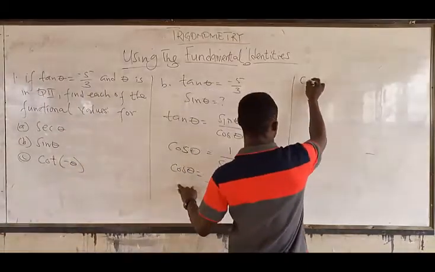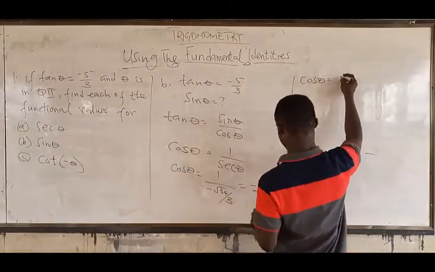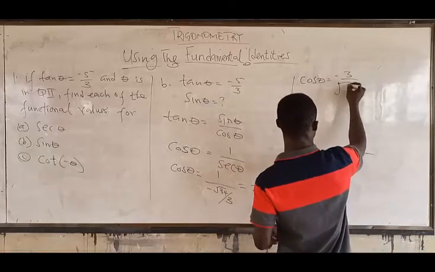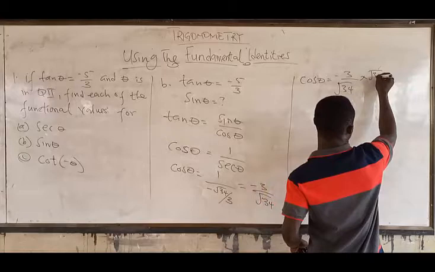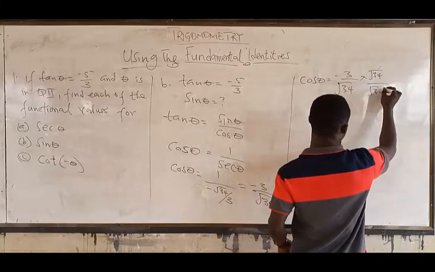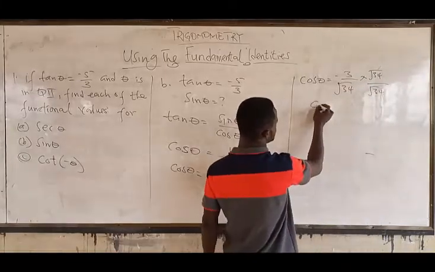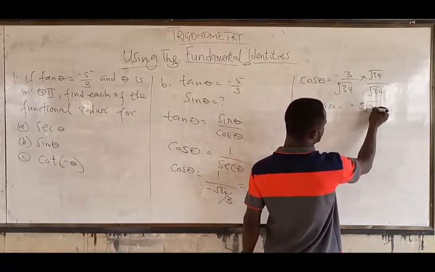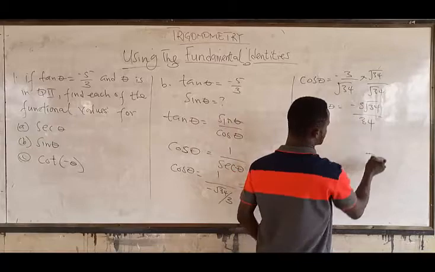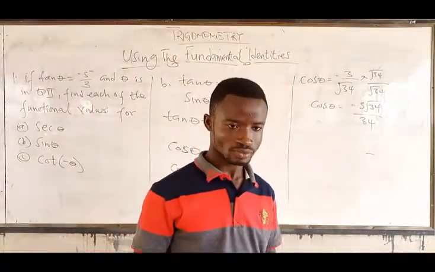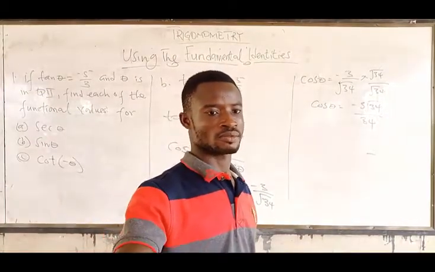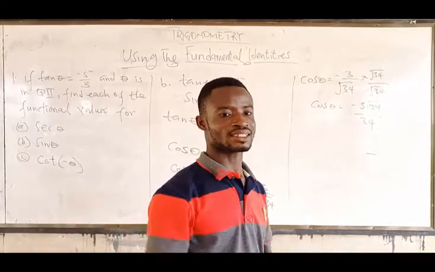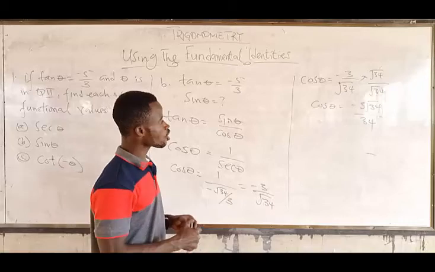But cos theta will be equal to negative 3 over square root of 34. Rationalize it. So that is going to give us cos theta equal to negative 3 square root of 34 over 34. Alright, so that is that for cos theta.